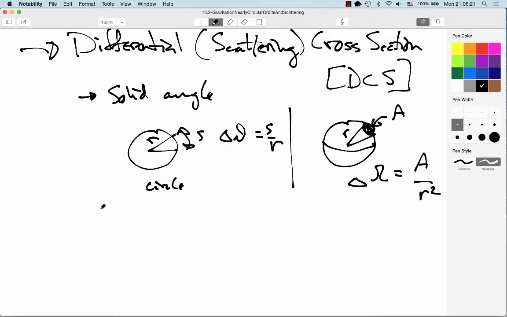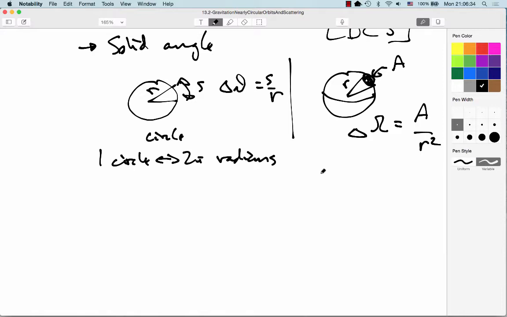So we can say that one circle has 2 pi radians. Since the surface area of a sphere is 4 pi r squared, we would say that one sphere would occupy 4 pi steradians, S-T-E-R-A-D-I-A-N-S.